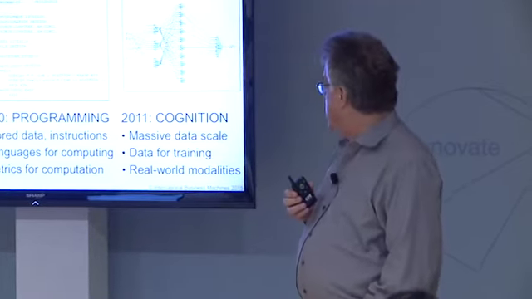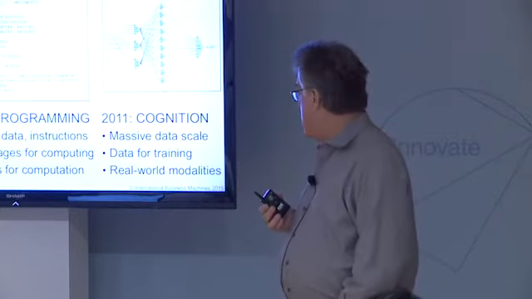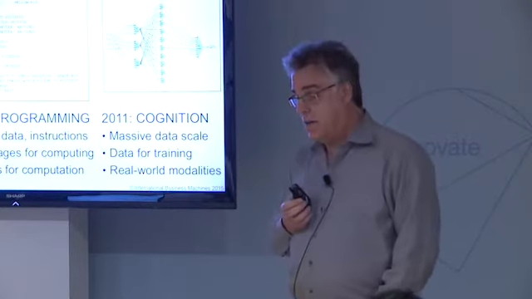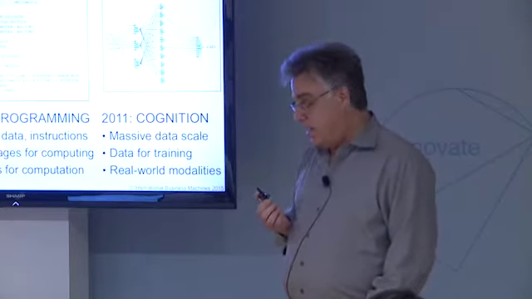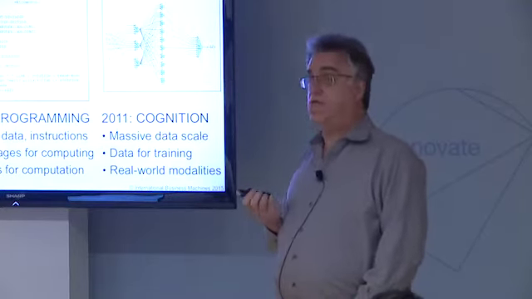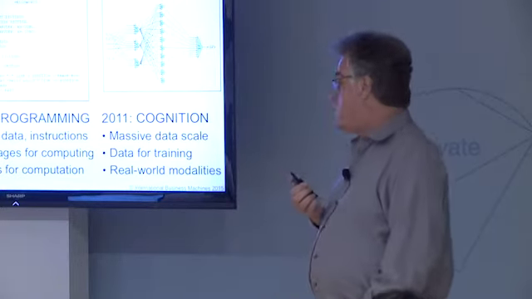In order to deal with sort of the modern onslaught of data, we sort of date this with the day that Watson played Jeopardy, and I'll talk about that in a minute. Instead of programming these systems, you teach them. You give them data, they actually learn the domains, they learn models, and then they use those models to compute.